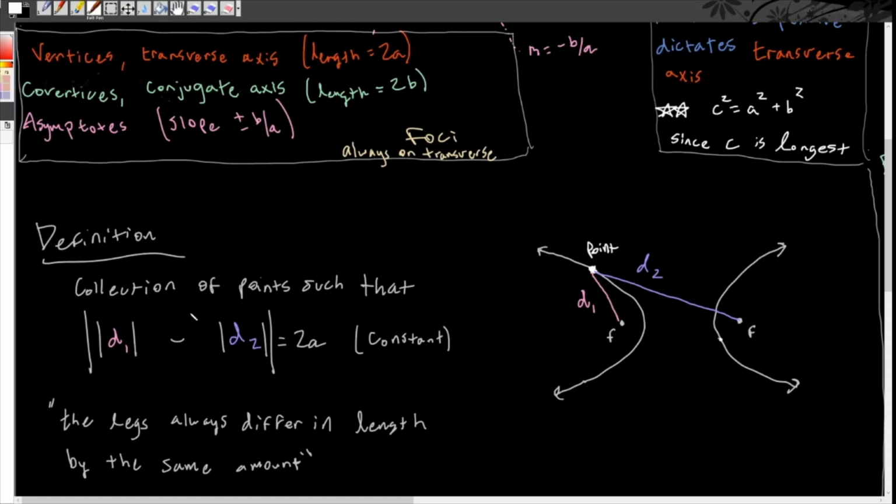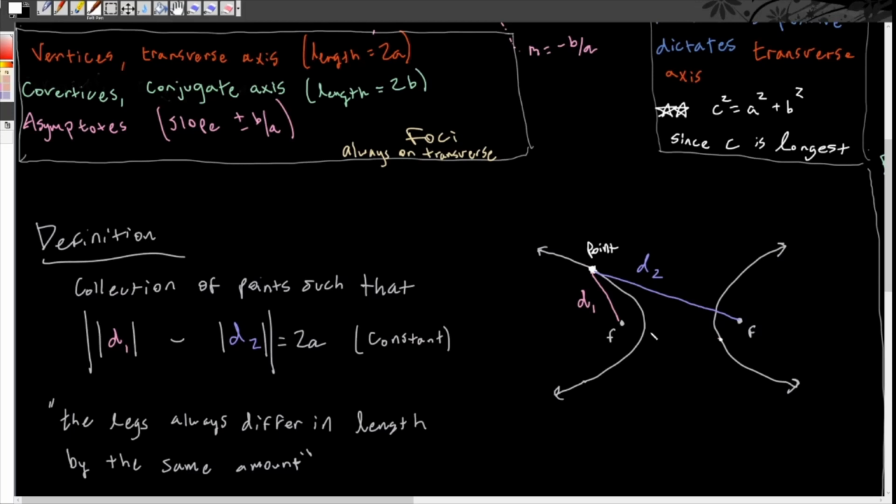So we have this double absolute value stuff. This is kind of hard to look at, right? But all this means is the legs always differ in length by the same amount. So if I pick another point on the hyperbola and I draw to focus 1 and to focus 2, these legs differ by the same amount as the other ones did.